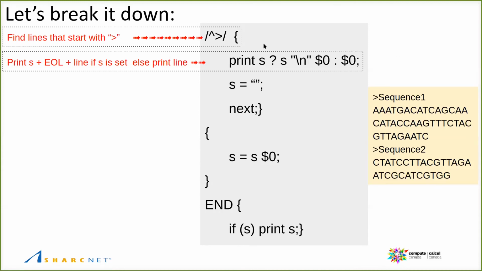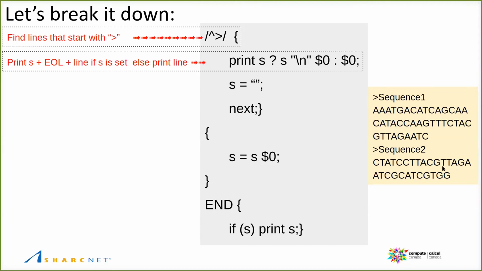And why is this important? Because we're going to set s later on. The first time that we see this line, we ask, does s exist? If not, just print this line. But if we are somewhere over here, and we just finished this line, and then we go to this one, we're going to enter this particular bit, because we're in the second sequence.